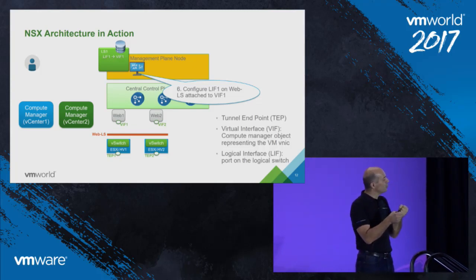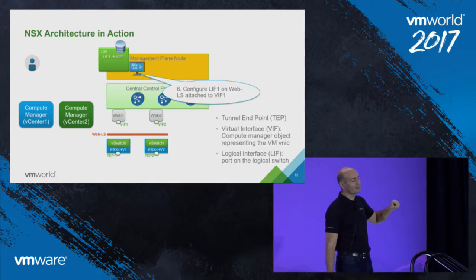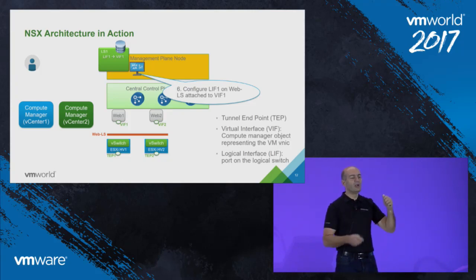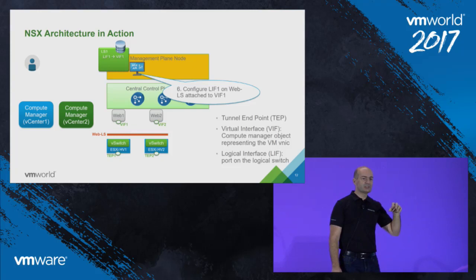It's the logical port on the logical switch to which the virtual port of the virtual machine attaches. So it will appear later in the diagram, but just remember that there is a LIF and a VIF. They're attached together, but the LIF is the switching component and the VIF is the virtual machine, the compute component.